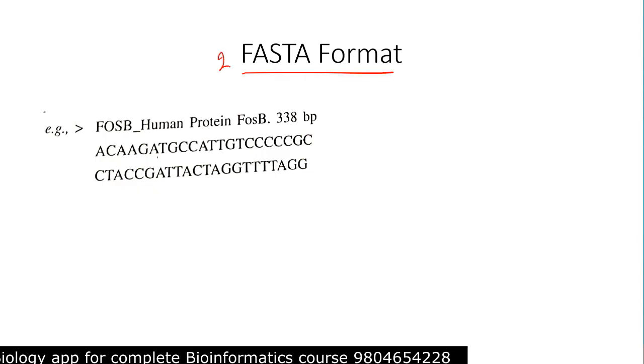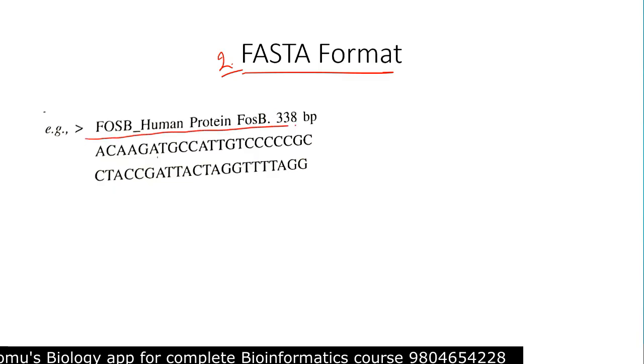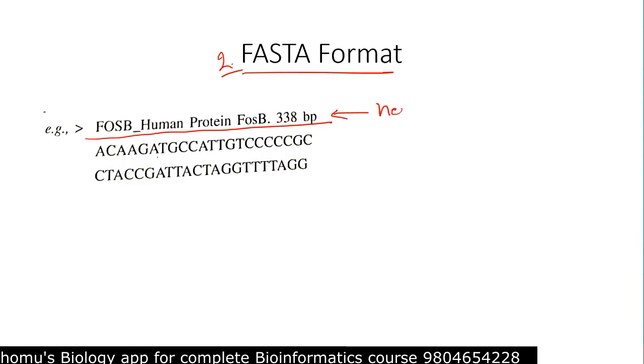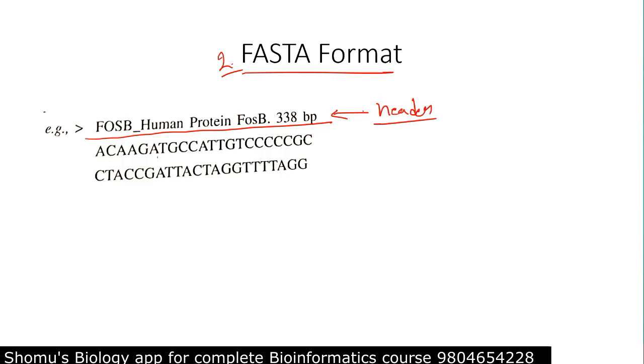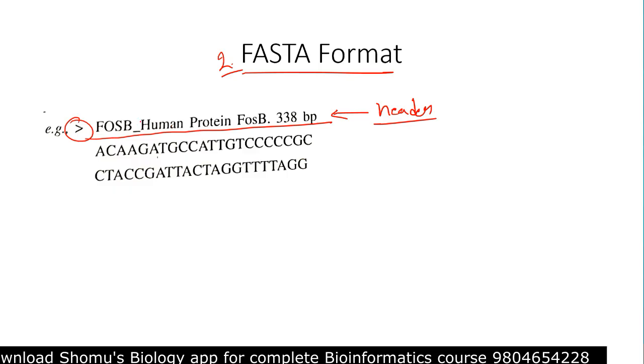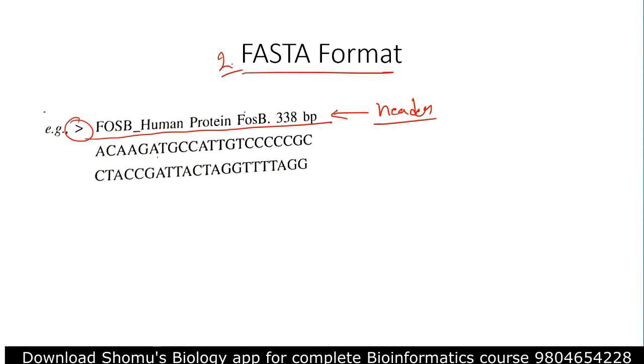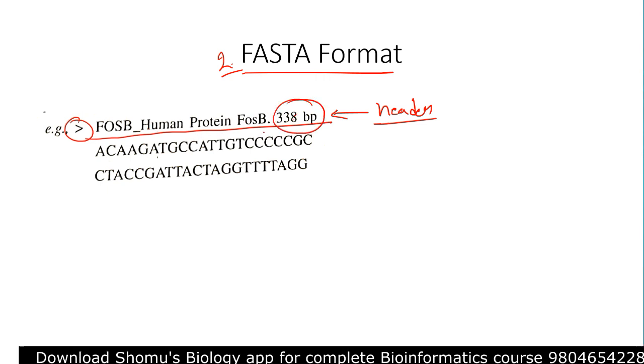Then we have Fasta format, second type. Fasta format contains a one line header. This is a header. Now what is this header composed of? It starts with this symbol, and the rest is the name and description of the sequence. FOSB underscore human protein FOSB 338 base pairs.